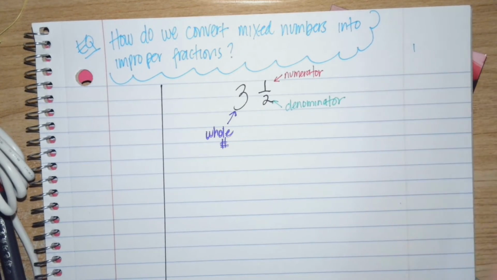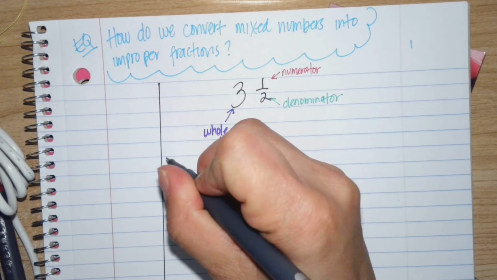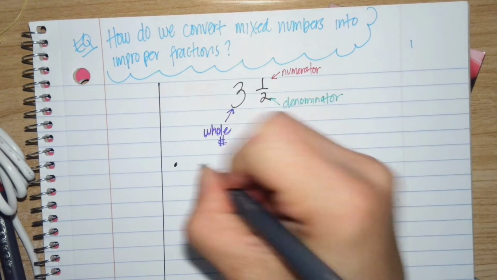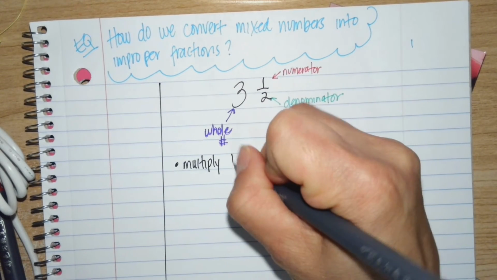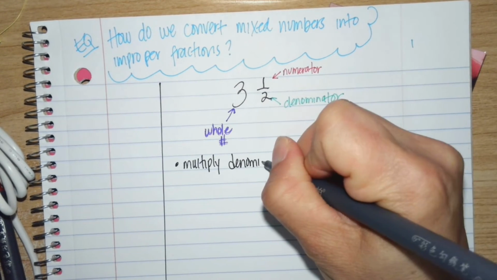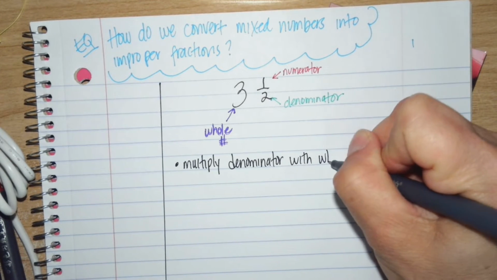So let's write down what we're going to do first. We're going to multiply the denominator with the whole number.